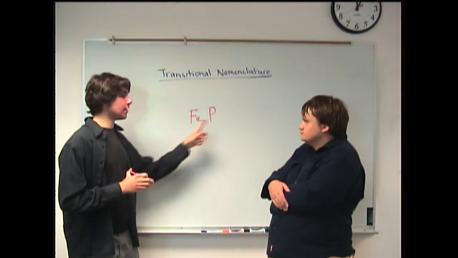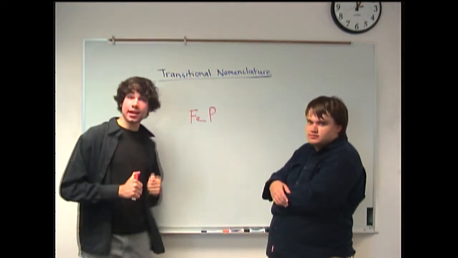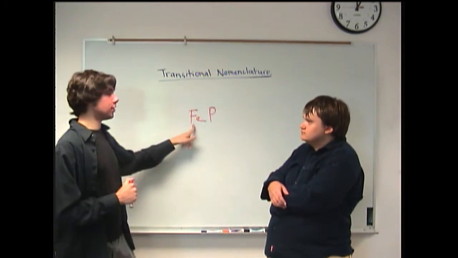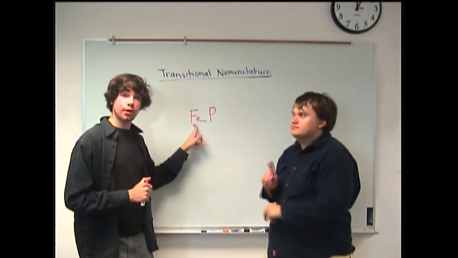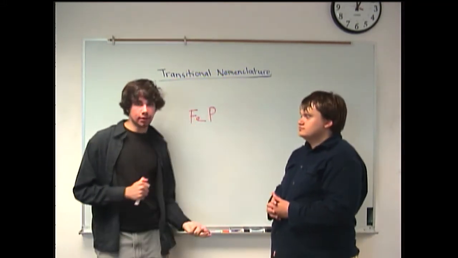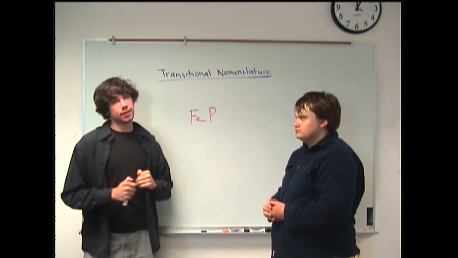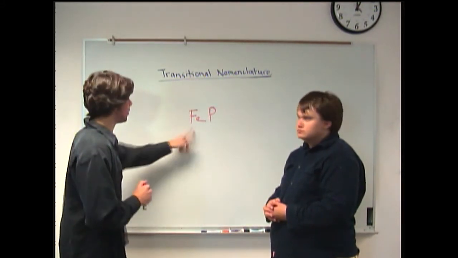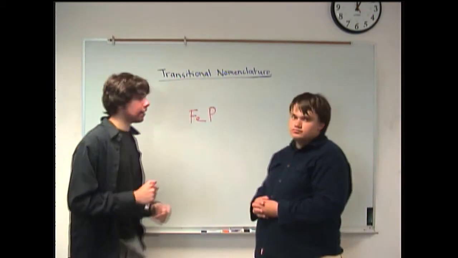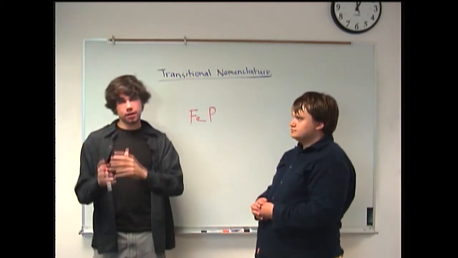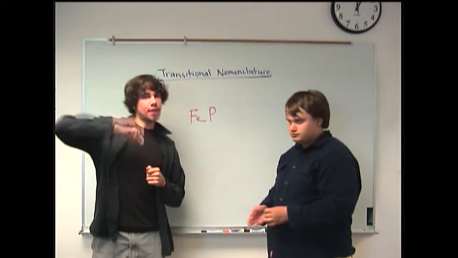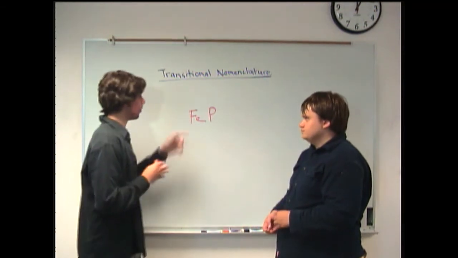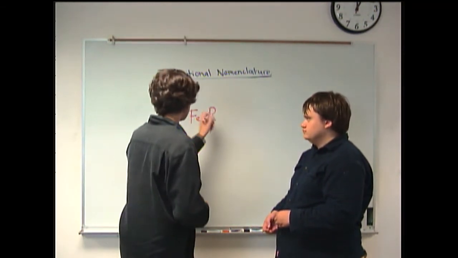So we have iron and phosphorus. Now, here's the thing. We're not sure what the charge on iron is yet, but we do know the charge on phosphorus. Since it's a nonmetal, it's an anion, and its charge is always fixed. So when you see the chemical formulas for transitional elements, you find the nonmetal, get the charge, and work backwards. Phosphorus has a -3 charge.